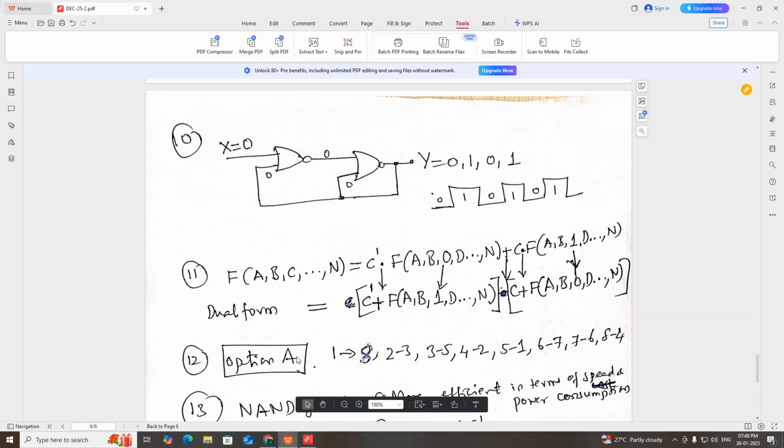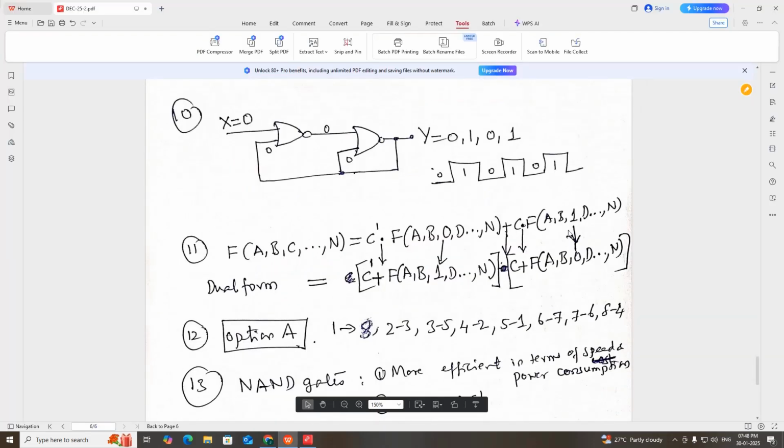11th one. Find the dual of the following expression using Shannon's expansion. So this is the given function. The dual form is this dot becomes plus, and 0 becomes 1. Rest of the things are same. Here this plus becomes dot, this dot becomes plus, and this 1 becomes 0. Rest of the things are same.